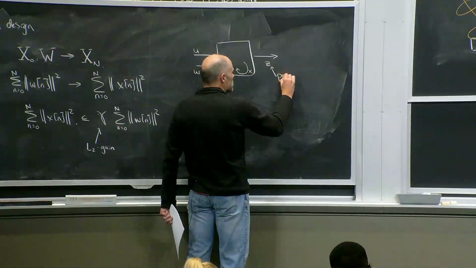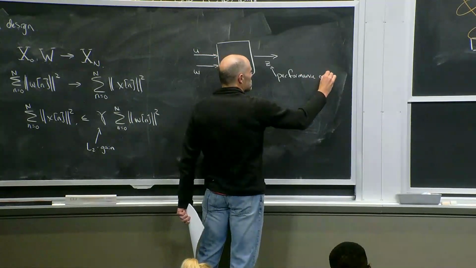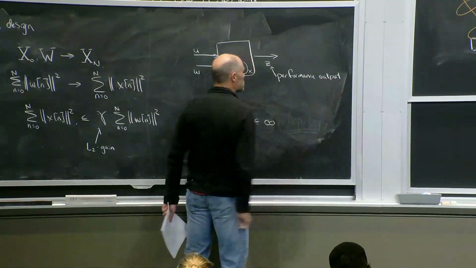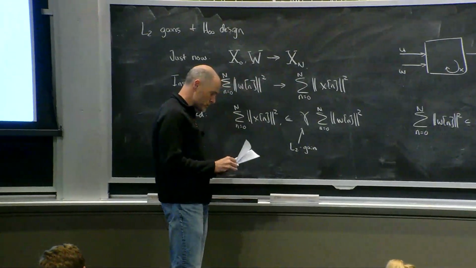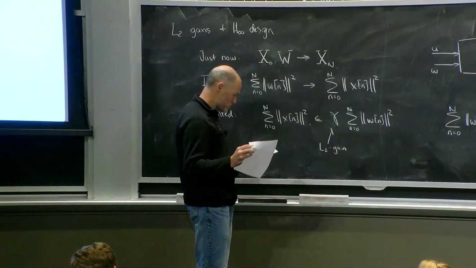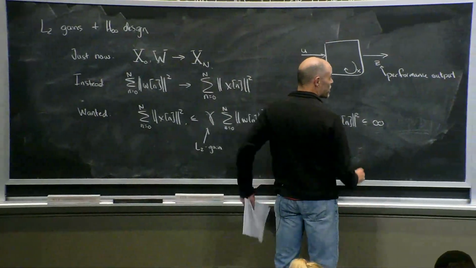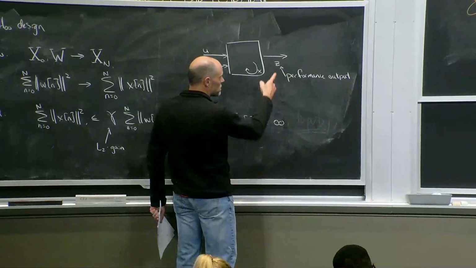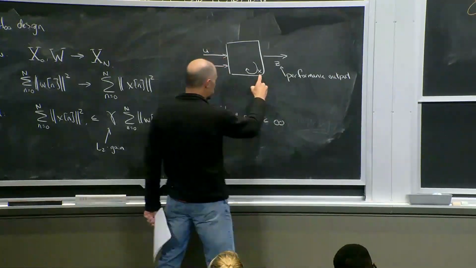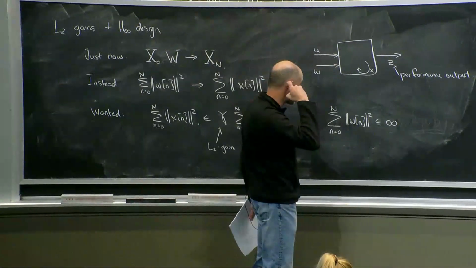It's just some function of x and u, for instance, that's put on the output. So I don't have to necessarily take exactly the signal in x. I can do some function of x.